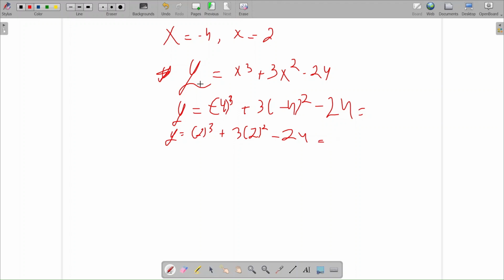Okay, so we start with this one. We work on a calculator, obviously. (-4) cubed plus 3 (-4) squared minus 24 is going to give you another number that I did not know how I got. One sec. Just put this in a bracket.